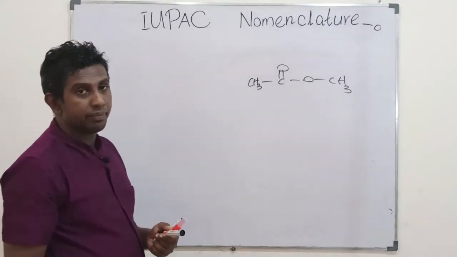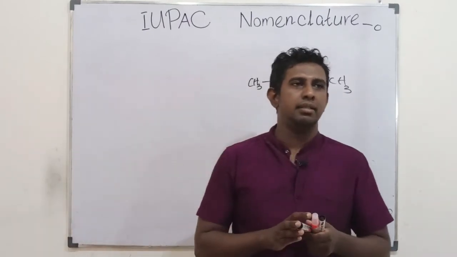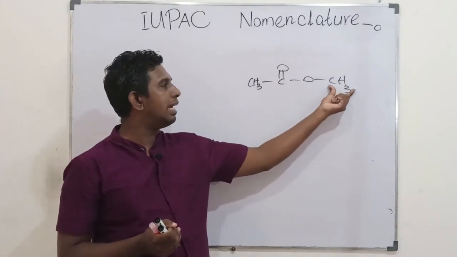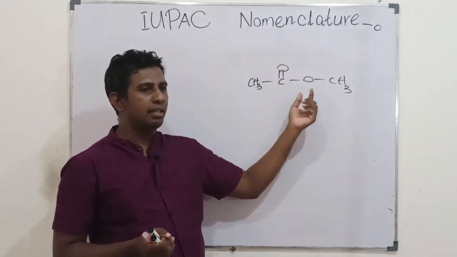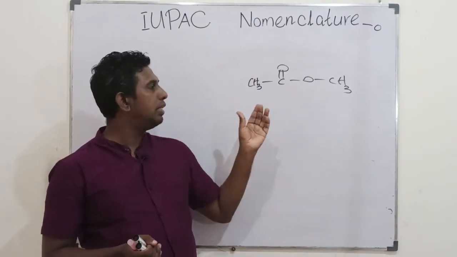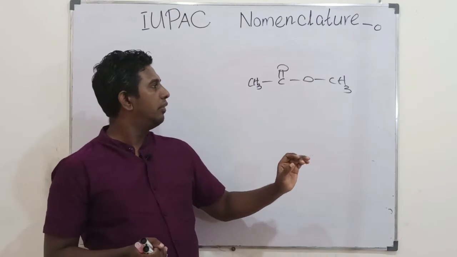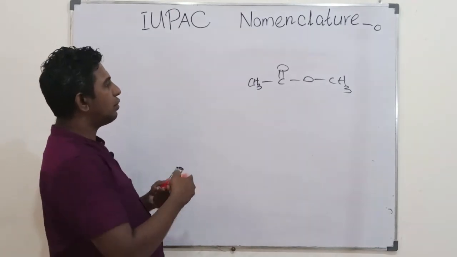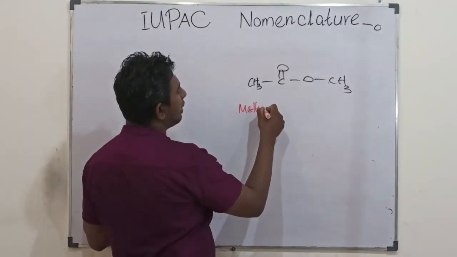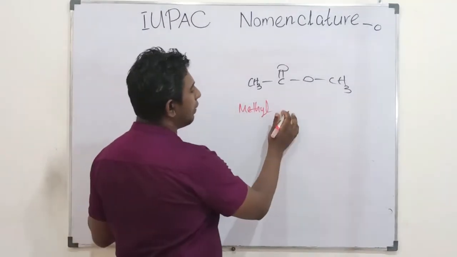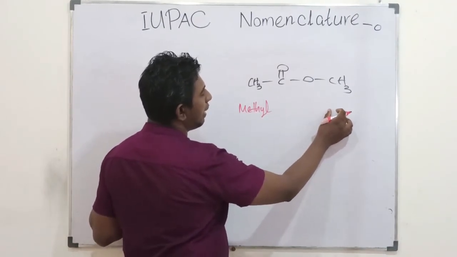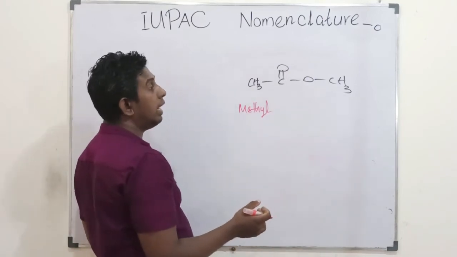When you have an ester being the main functional group, you need to first mention the alkyl group attached on oxygen, saying it's alkyl, giving a space only. Then you need to write the rest of the name. You have this oxygen with this alkyl group. It is methyl. Then you leave a space. Then you write all the prefixes if you have. Finally, you end it with the suffix oate.